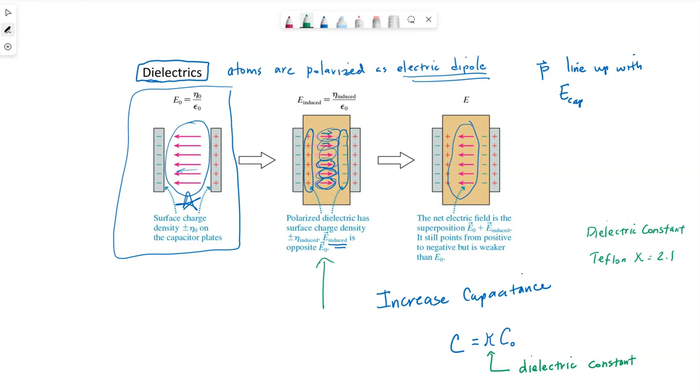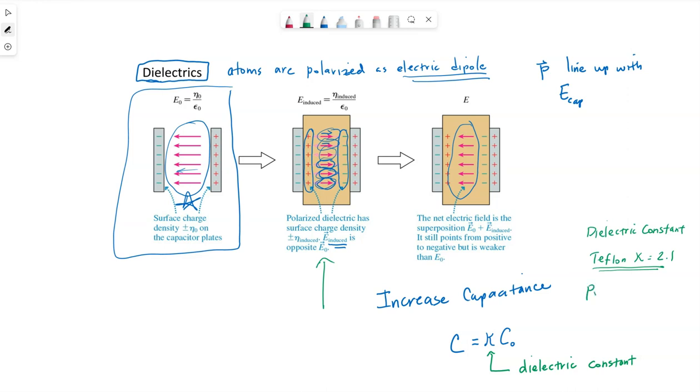But this number is bigger than 1, and that means whatever capacitance we had without Teflon in it, as soon as we slide Teflon into that full area between the plates, the capacitance will be 2.1 times bigger than it was before.